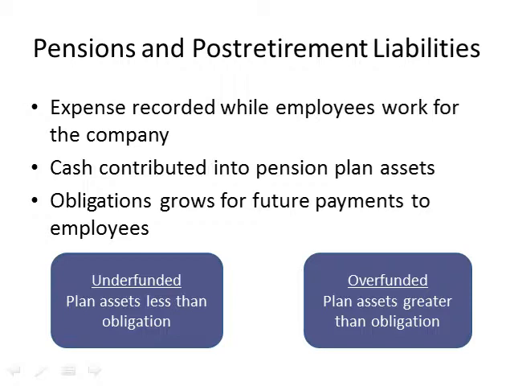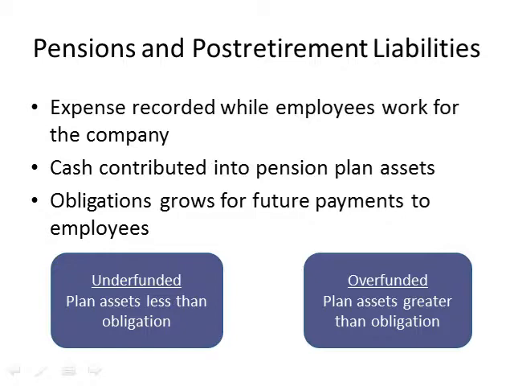As employees earn their pensions and the company pays into the pension plan, the plan's assets grow. The obligation for future pension payments to employees also accumulates. At the end of each period, the company compares the fair market value of the assets in the retirement plans, generally cash and investments, with the plan's projected benefit obligation, which is the present value of promised future payments to retirees.